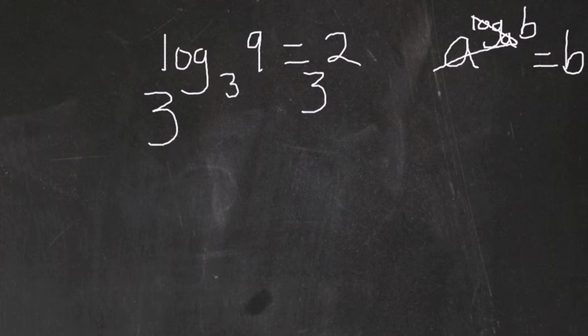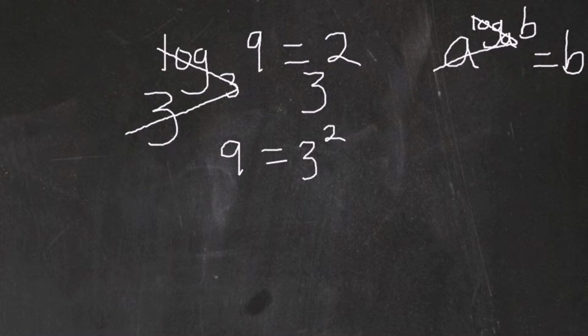So that's what's going to happen here. This big base of 3 and the log base 3 are going to cancel out, and we're left with 9 equals 3 squared. Now this is an exponential expression, so we just changed from logarithmic to exponential, and that's going to be the same way all the time.